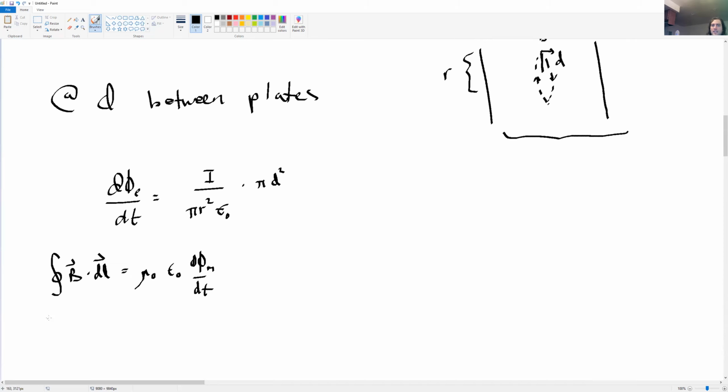So B dot dl, that integral, is going to be B times 2 pi d. d is the radius of our loop, so it's 2 pi d here. Mu 0 epsilon 0 d phi e dt is I over pi r squared epsilon naught times pi d squared.